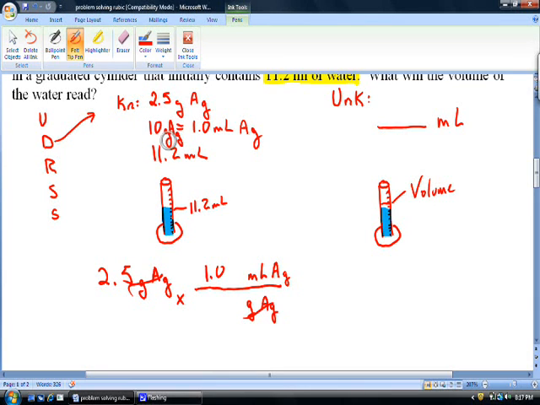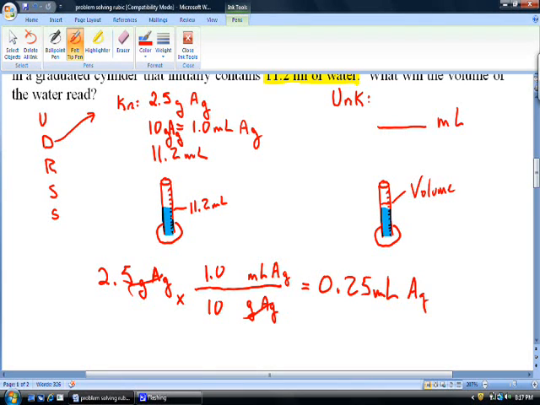The number that goes with grams of silver is the 10. 10 grams of silver. And we do 2.5 divided by 10. That gives us 0.25 milliliters of silver.